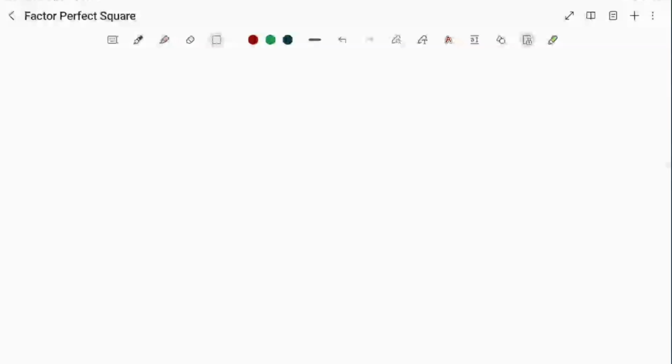Okay guys, let's try the perfect square. Imagine that we have a square with side a plus b and a plus b.